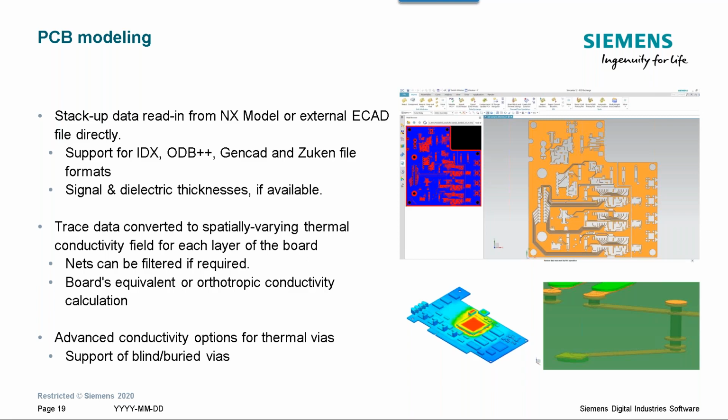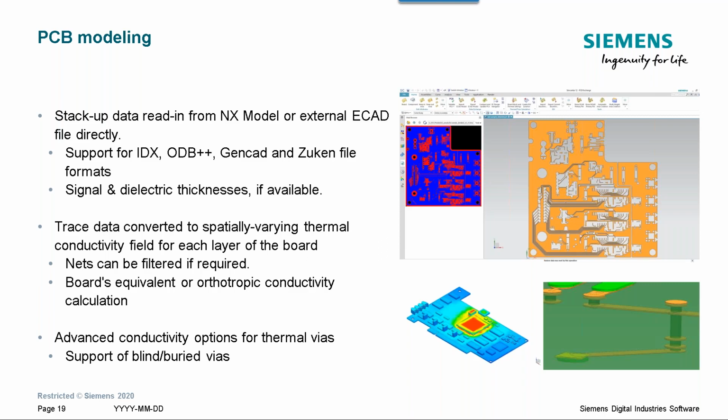I mentioned a little bit earlier that the IDX, ODB++, Zuken, and Expedition formats support all the copper information. So that means that, first of all, in terms of signal and dielectric thicknesses, if it's available in the file, we take it into account. So you have a precise stack up with the correct dimensions.